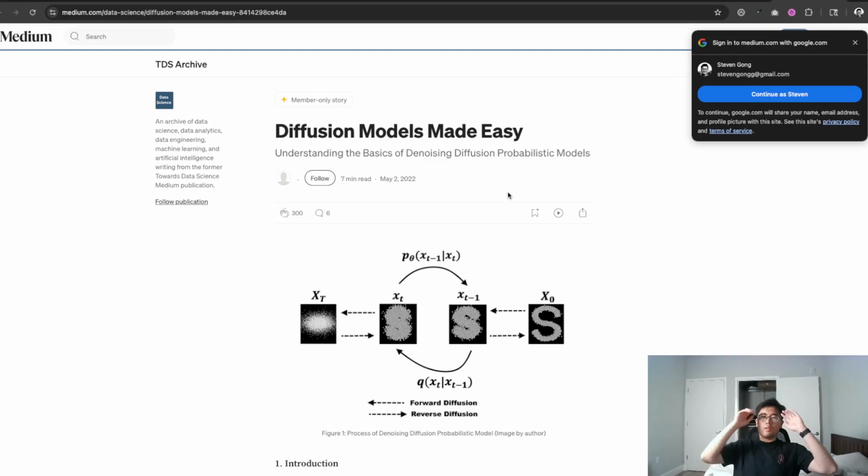We want to essentially teach our model to go from more noise to less noise.